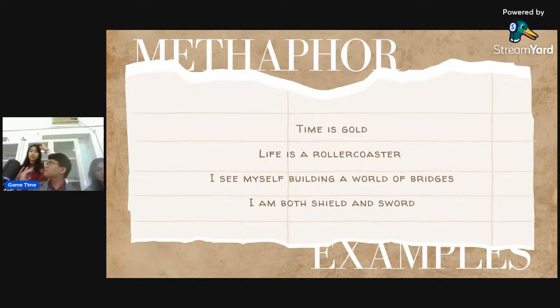They just use it in a way to express or show that time is valuable. Life is a roller coaster, which means there's a lot of ups and downs. It's not literal. It wouldn't make sense if you take it literally, you know? Good job.